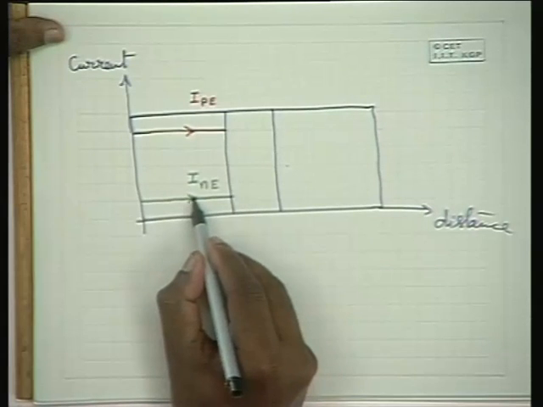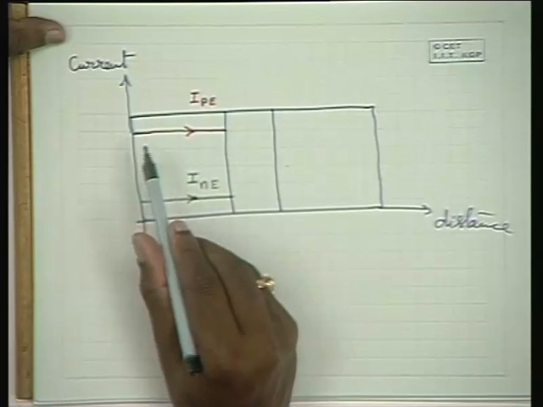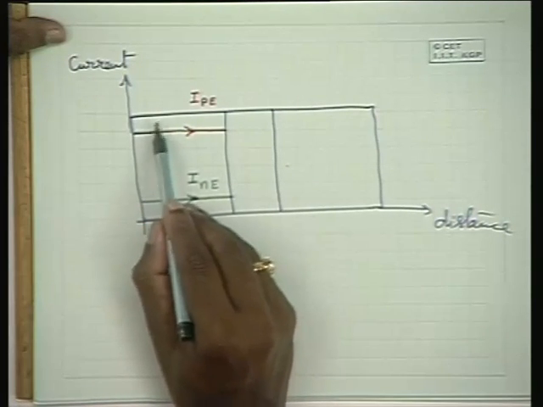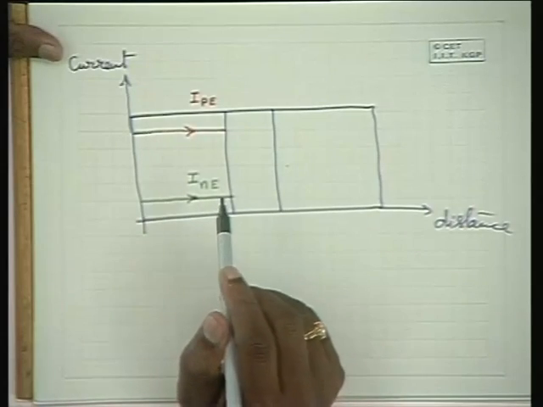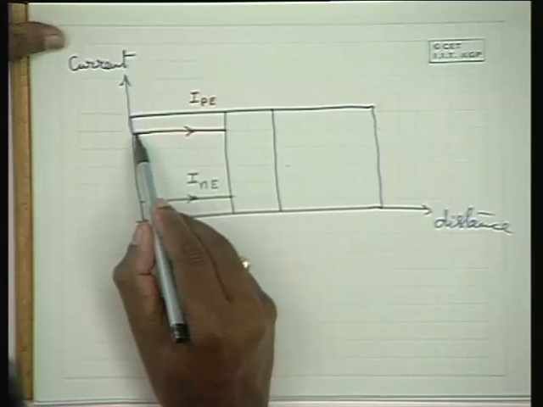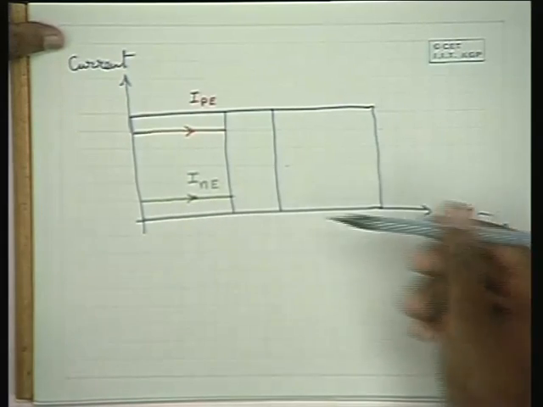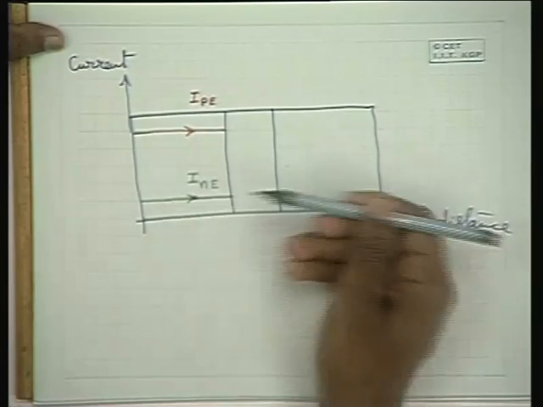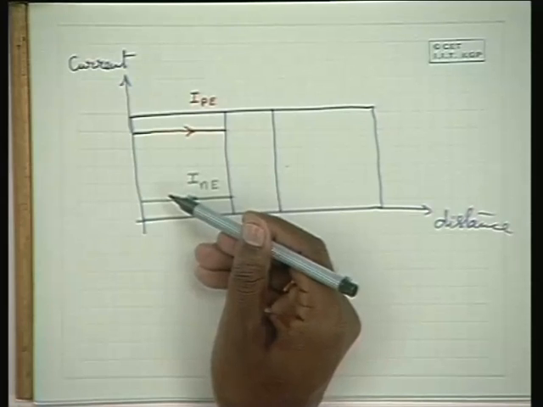And naturally this current is much lower than this current because the doping concentration on the emitter side is much higher than that on the base side. Because of this reason, this current is much larger than this current. So this current is because of electrons getting diffused from the base region into the emitter region.